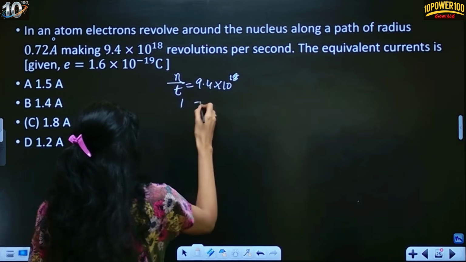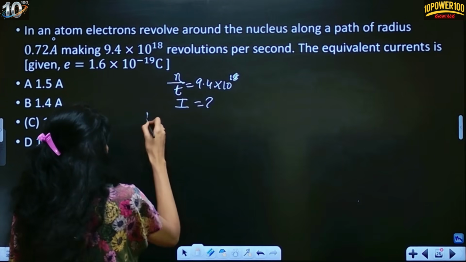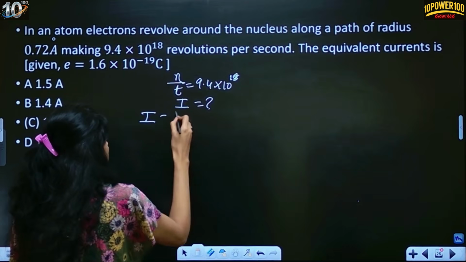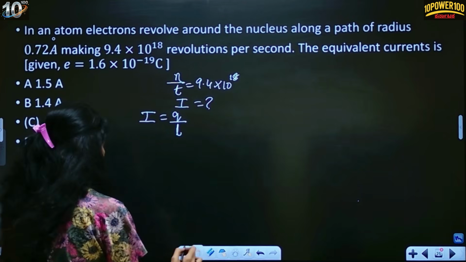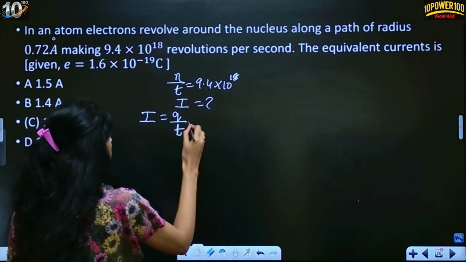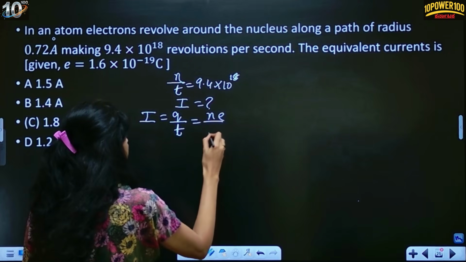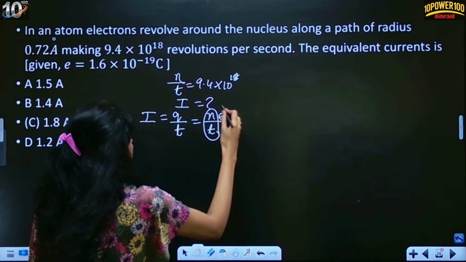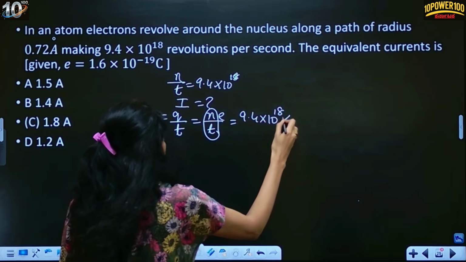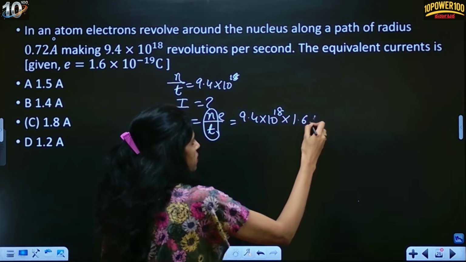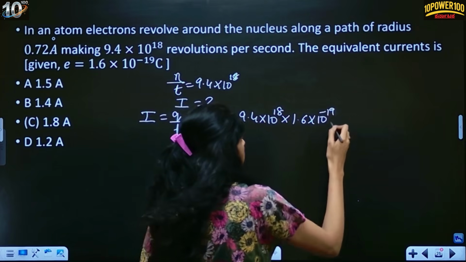So the current is the question mark, and we have the current formula, right? I equals Q by T. The Q value is NE by T. So N by T you can directly take as 9.4 into 10 power 18. The value of E is 1.6 into 10 power minus 19.